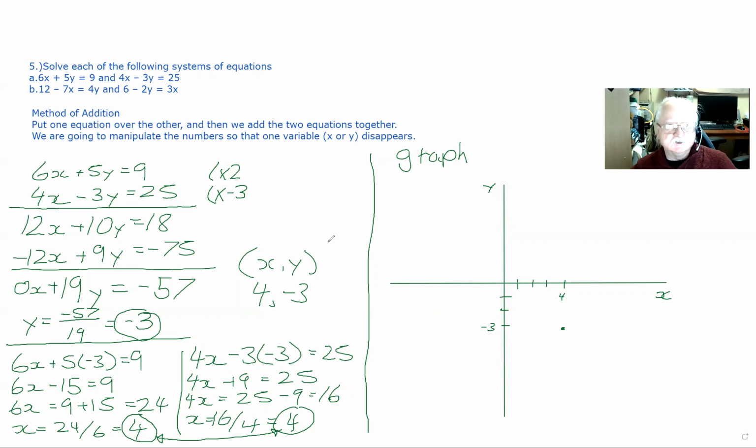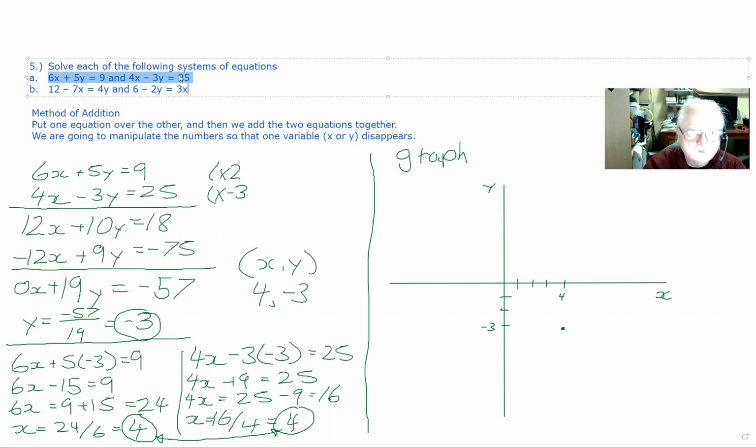Let's take these equations and go over and try to solve them graphically. So if we were given these two equations and we're going to solve them graphically, what would we have to do?